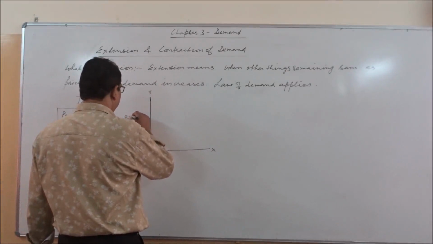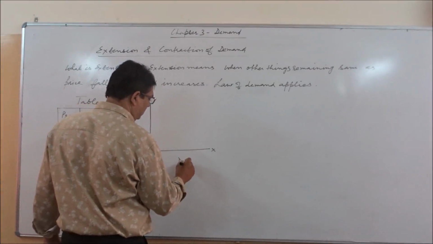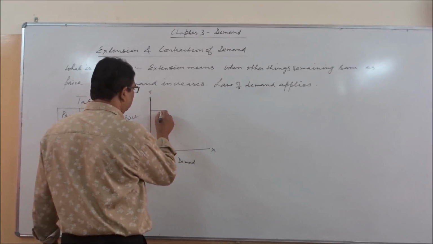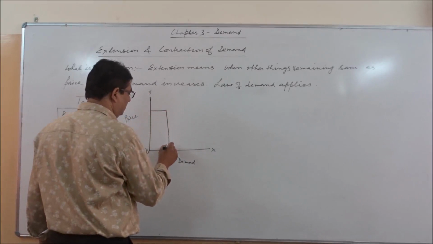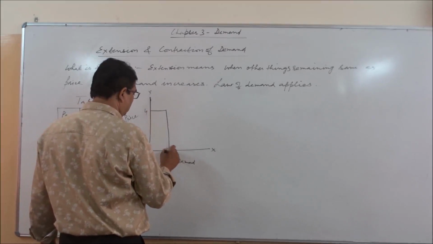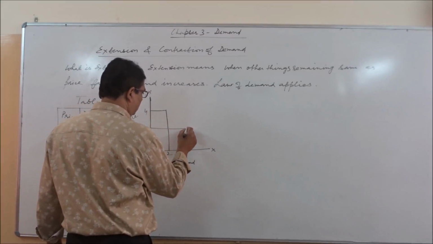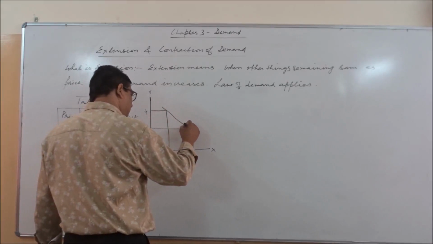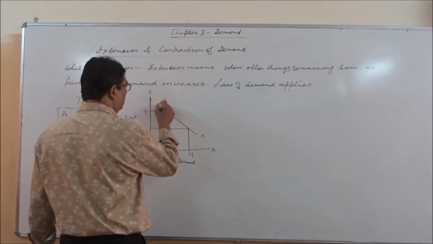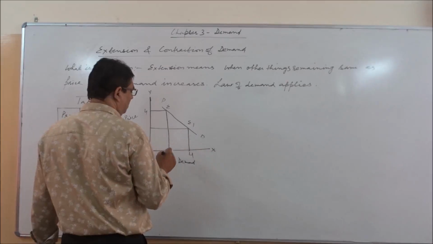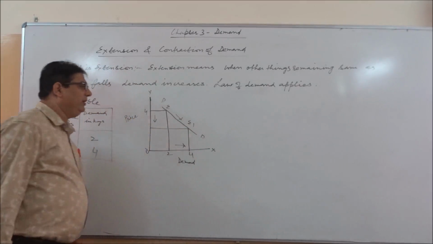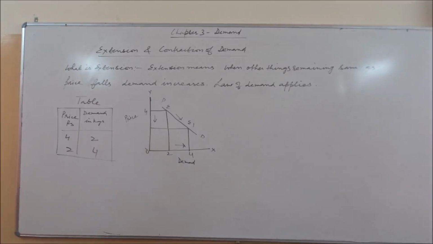Demand. Movement from E to E1 shows extension in demand. According to table and diagram, initial price is rupees 4.